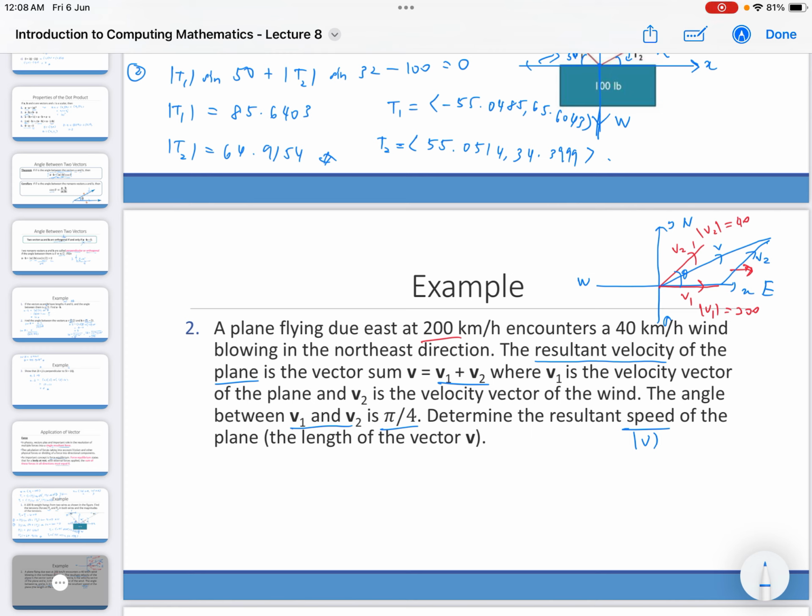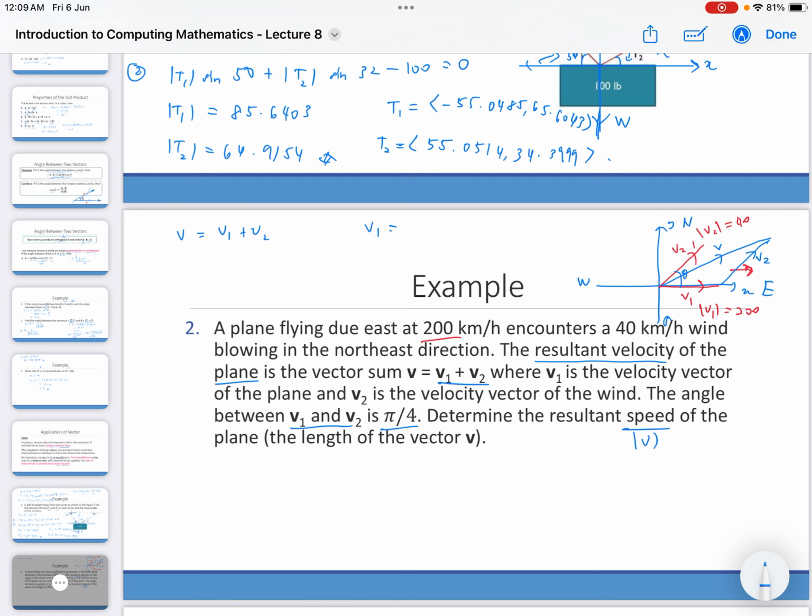To do this, first we find the resultant velocity v, the components of v. We know v is equal to v1 plus v2. To find the component vector of v, first we have to find the component vectors of v1 and v2.